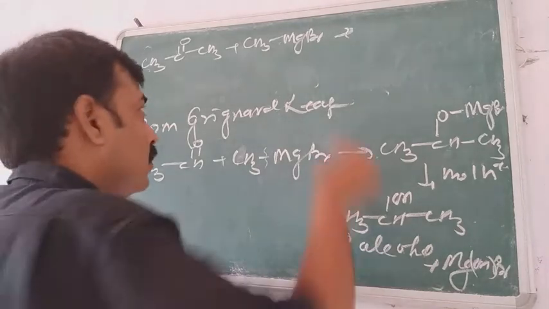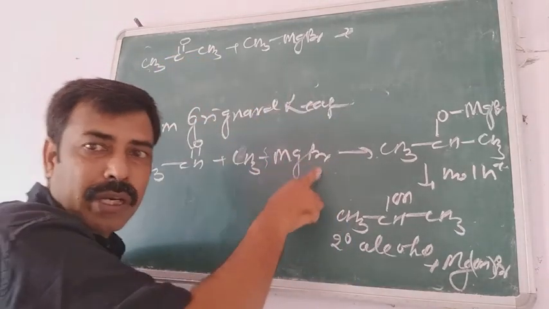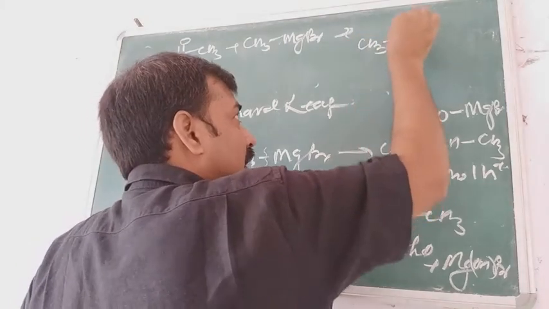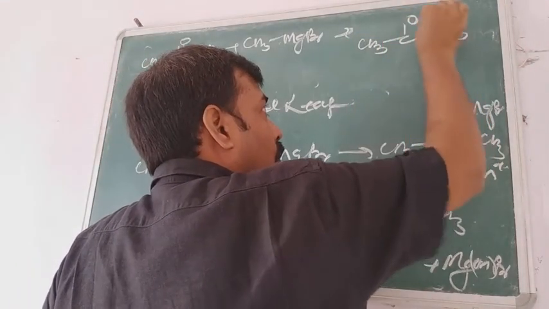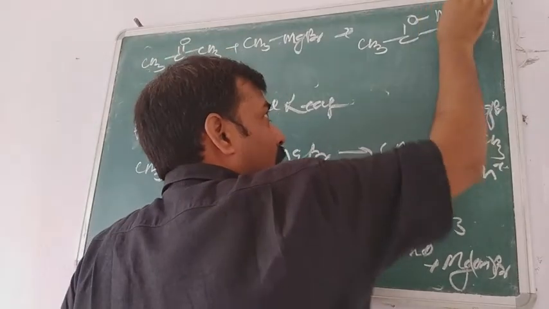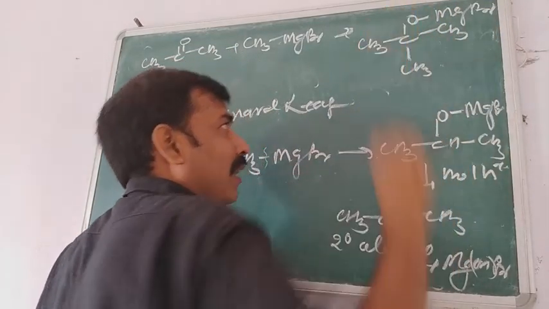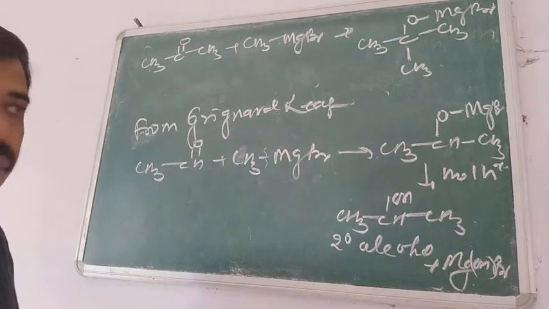And when it approaches, the same step will proceed. Whatever proceeded here, it will form CH3C-O. With the oxygen, it will be the magnesium halide, and with the carbon, it will be the alkyl group.